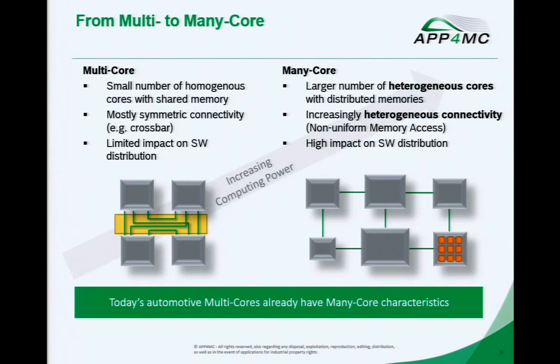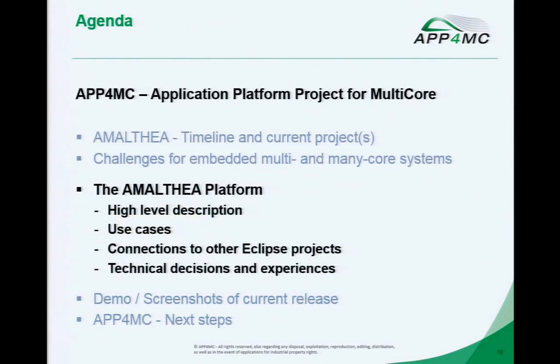So that was the reason why we said we have to represent software, hardware, and our constraints, and how to do this mapping, in a data model and in a platform that can be reused and exchanged. Therefore, the AMALTHEA platform: I try to describe it on a high level, so you will see the structure of the system.